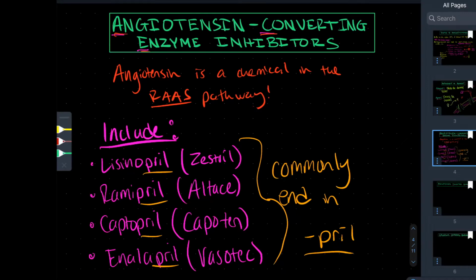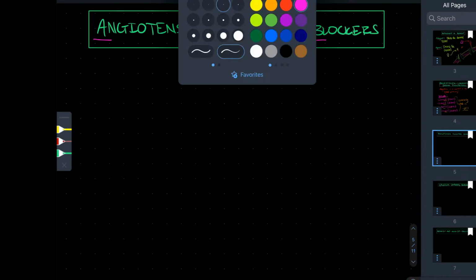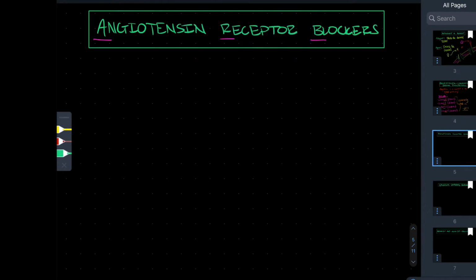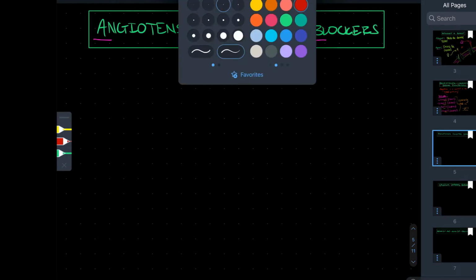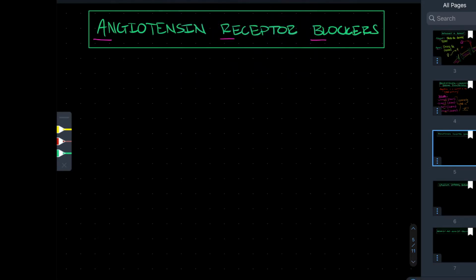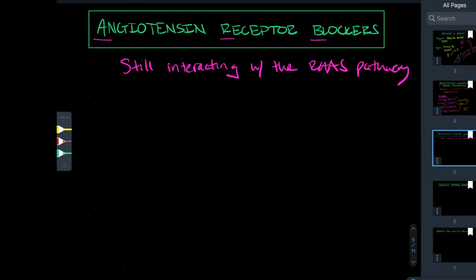Now let's talk about angiotensin receptor blockers. So now we're still interacting with the RAS pathway, but we're doing it at a different place.